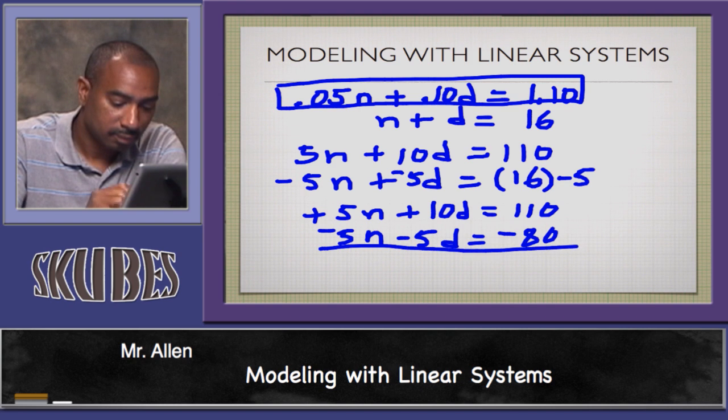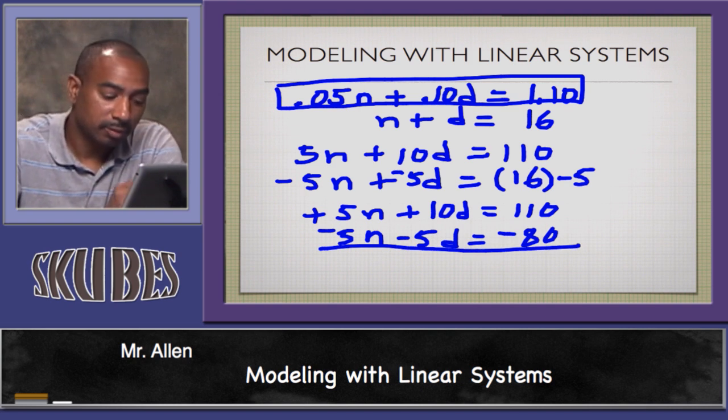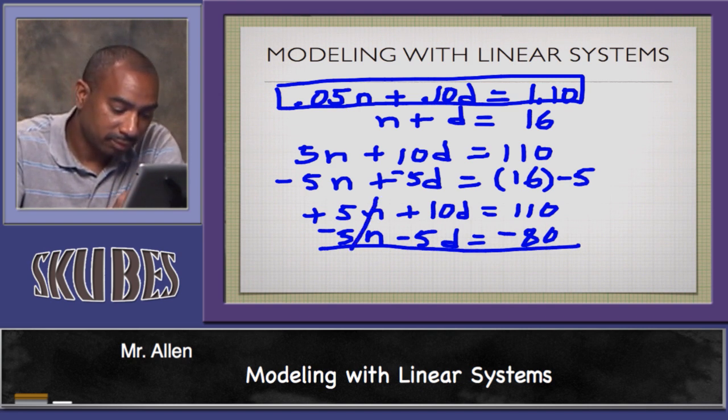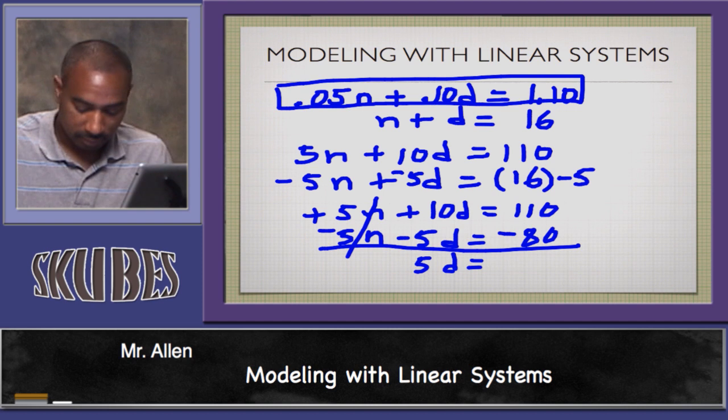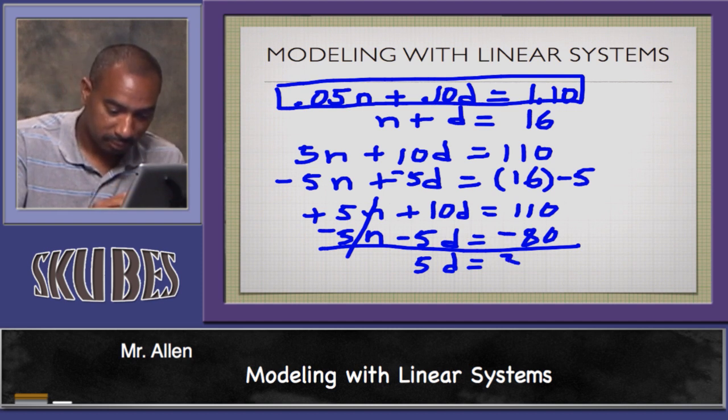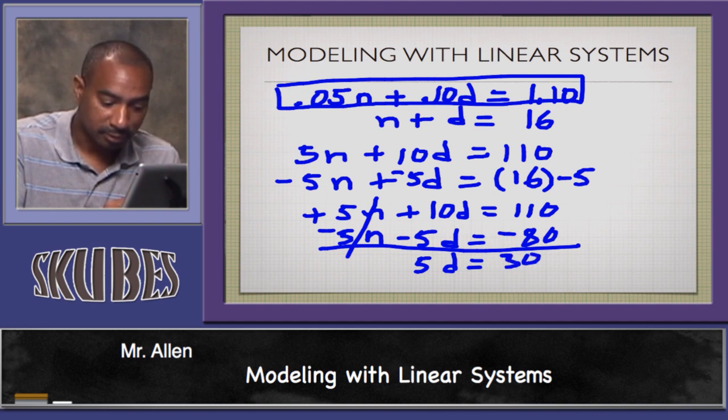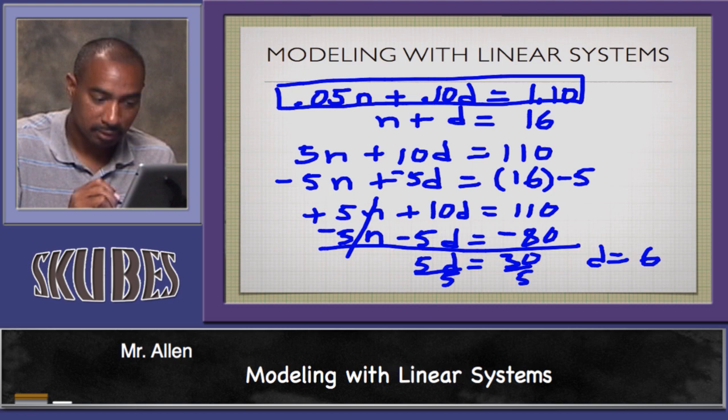All right. So when you add these together, you eliminate the n variable, and you wind up with 5d equals 30. If you divide both sides by 5, you know that the amount of dimes has to equal 6.